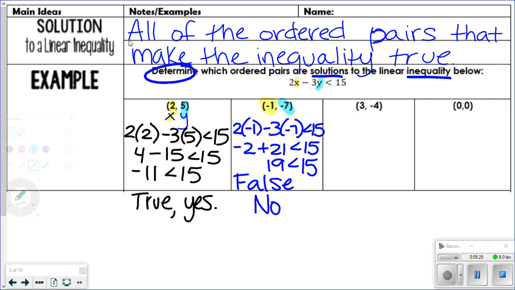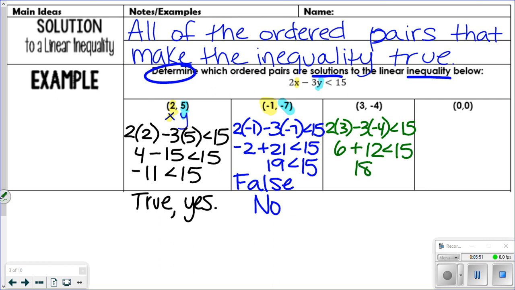Okay, try the next one. Two times 3 is 6. -3 times -4 is 12. 18 is less than 15.